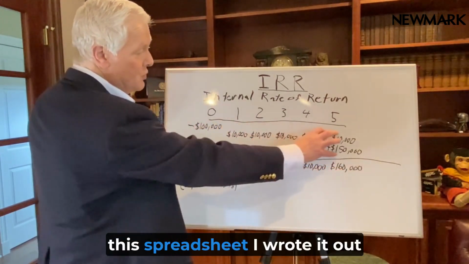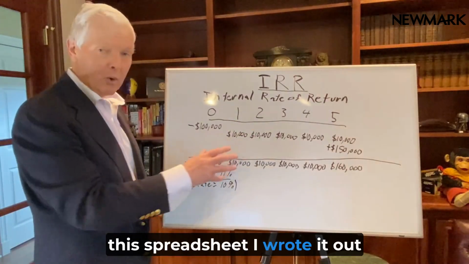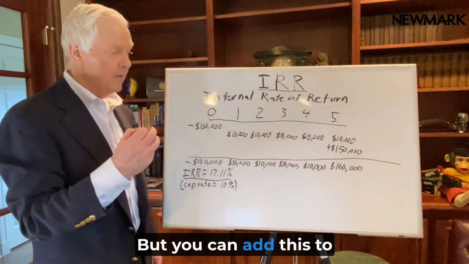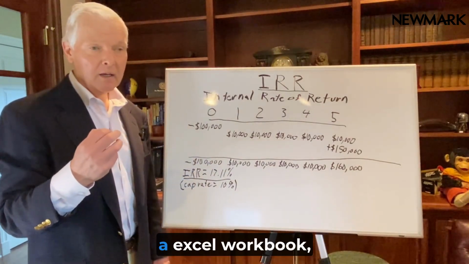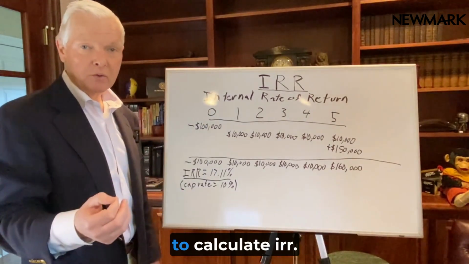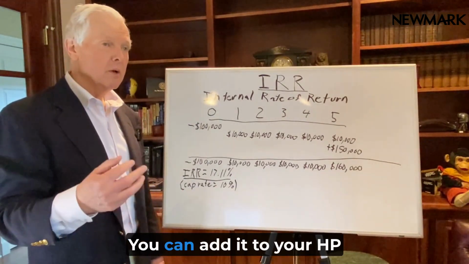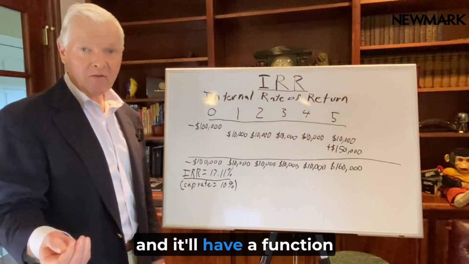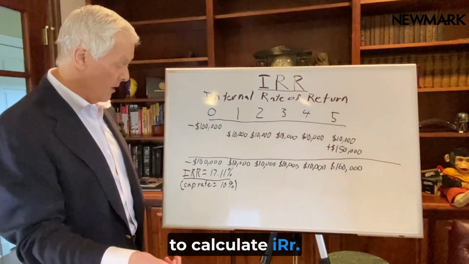Now, this spreadsheet, I wrote it out by hand for our purposes today, but you can add this to an Excel workbook, and it will have a function to calculate IRR. You can add it to your HP real estate calculator, and it'll have a function to calculate IRR.